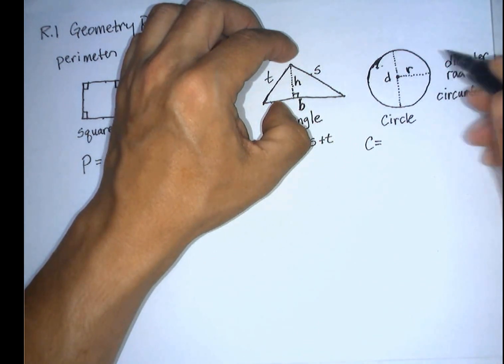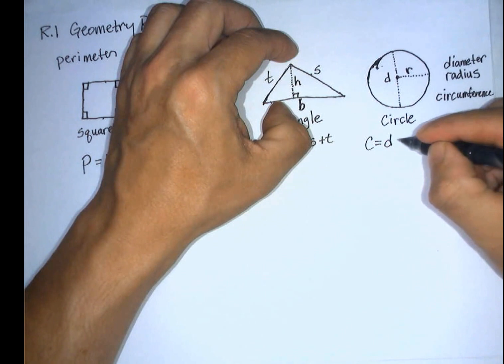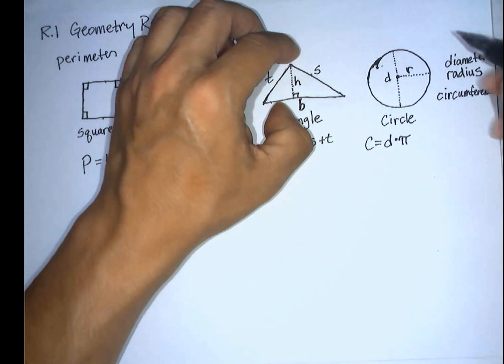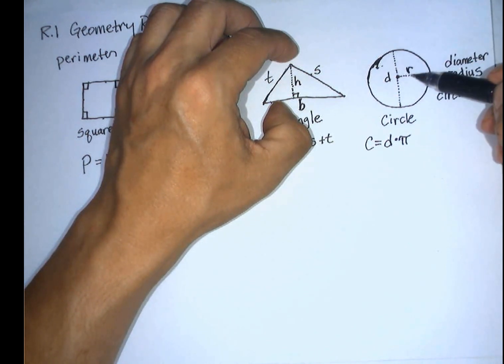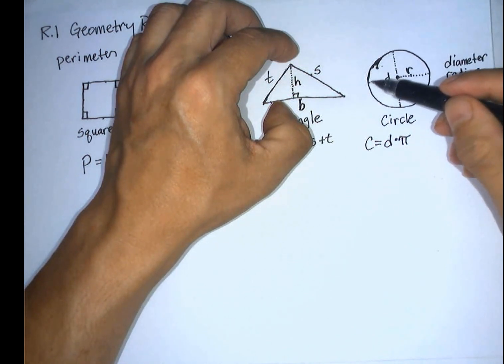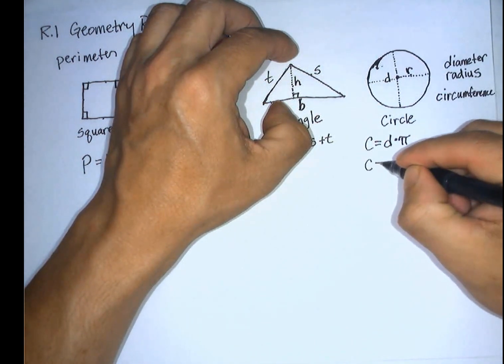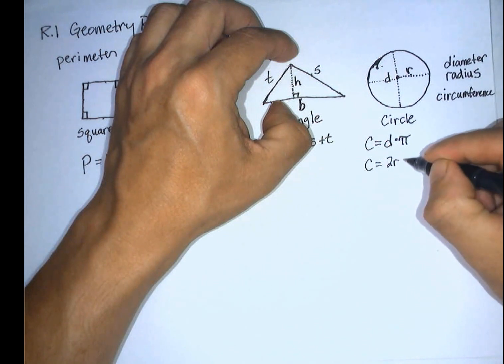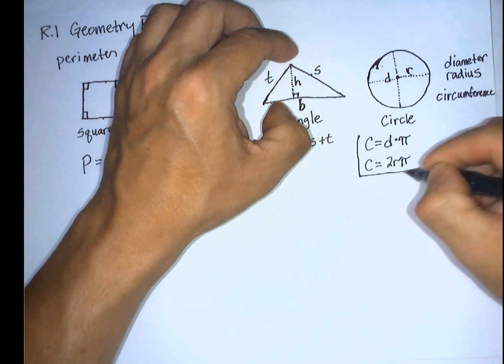We're just going to keep things in terms of pi. But if you take the diameter and you multiply it by pi, you get the circumference. And if you notice that two r's make a d, right? If I take one r and I put another one over here, then I have d. So circumference can also be known as 2r times pi. So both of these formulas work for the circumference of a circle.